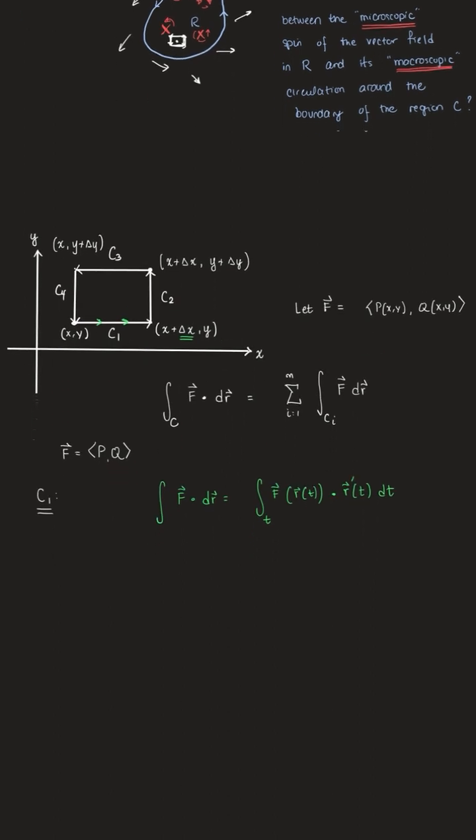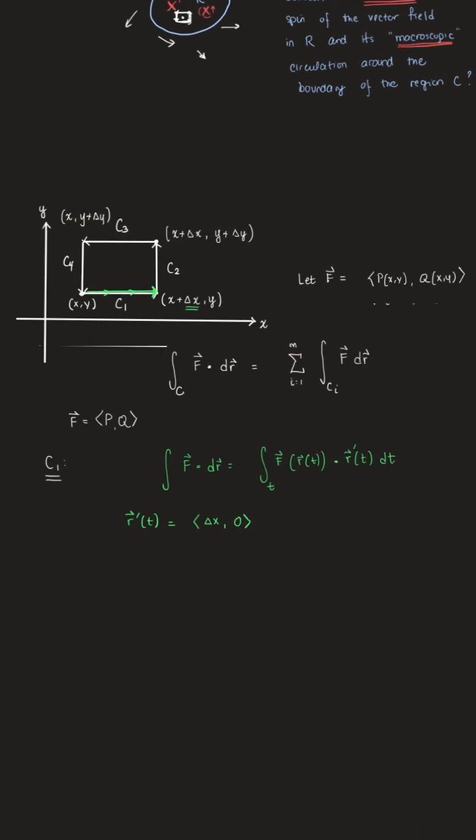So for us, along C1, the only thing that's changing is x, and it changes from x to x plus delta x. So we can assume here that r prime of t is just going to be a little delta x change in the positive direction and no change in the vertical direction.